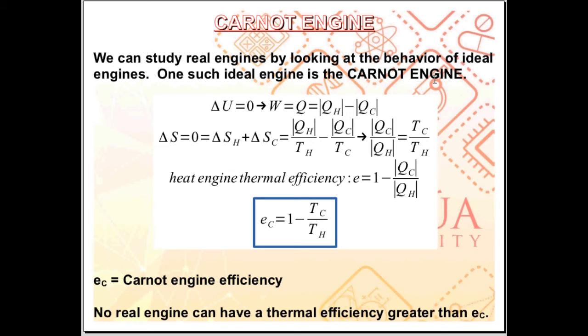The Carnot engine is still a heat engine, so it involves a cyclic process. So delta U is 0, which means W is equal to Q. And Q is just equal to QH plus QC, or absolute value of QH minus absolute value of QC.